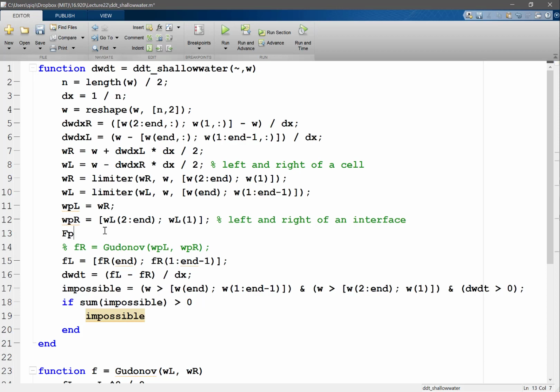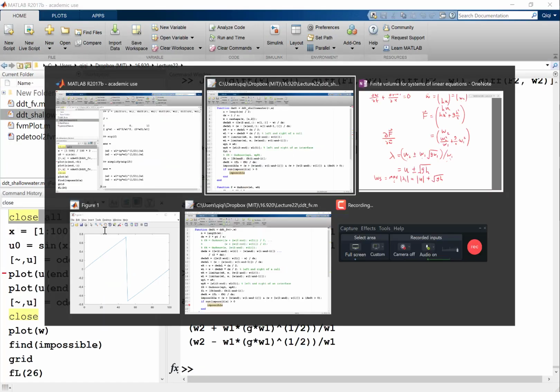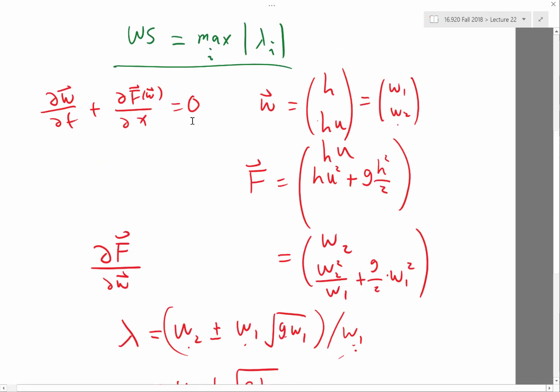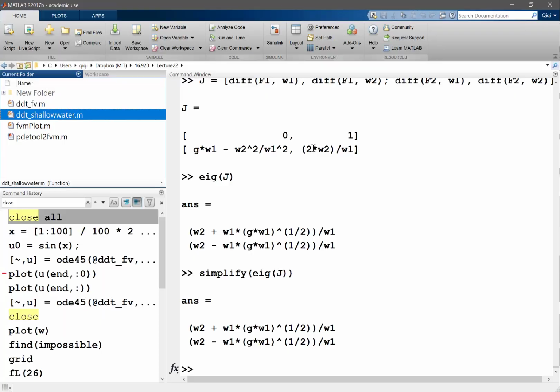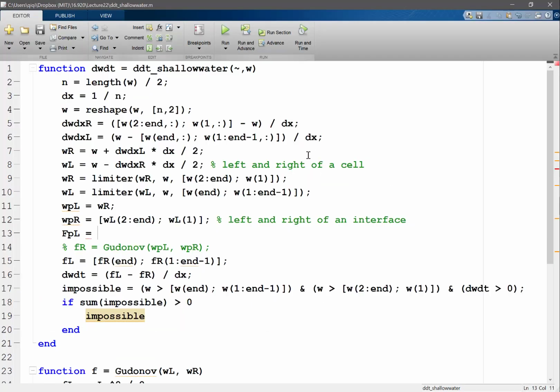So FPL is equal to, now it's time to go to the form of the flux. Okay, so first of all, it's also an n by 2 array, right?